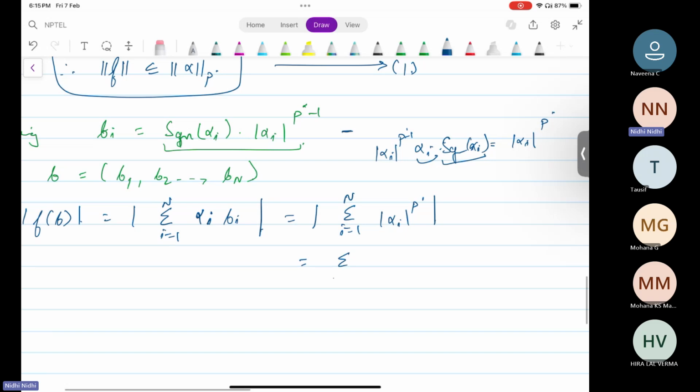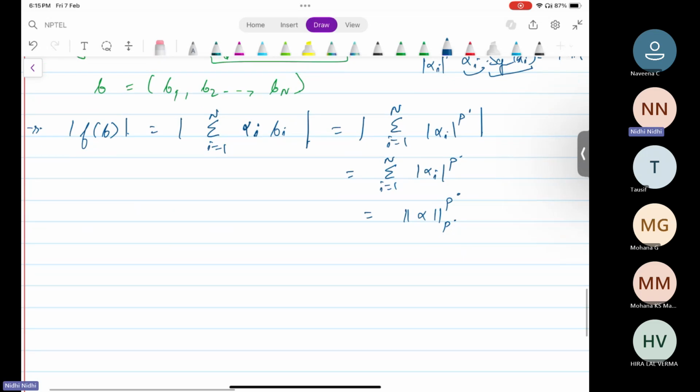Since everything is positive, we can write it as the p star norm of alpha to the power p star. So we have modulus f(b) is equal to the p star norm of alpha to the power p star.